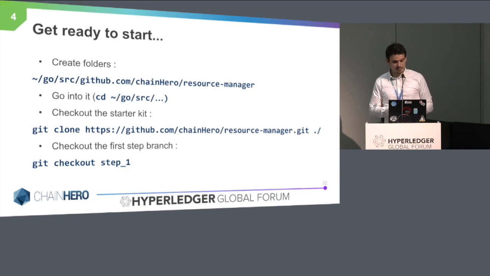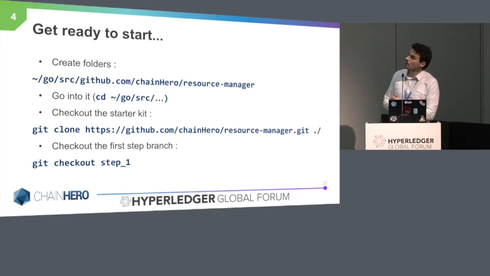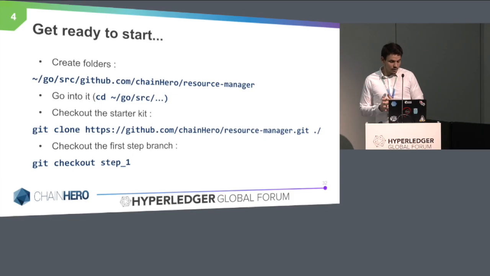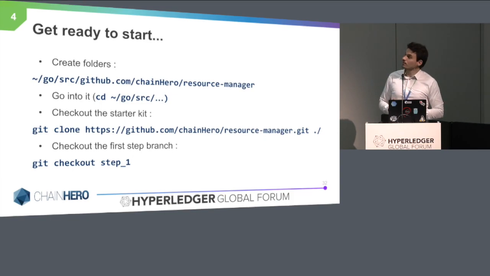Create these folders on the top. Go inside, check out this repository, and check out the first step branch, the step 1. If you have any issue, there are people that can help you. I hope it's okay for everybody.